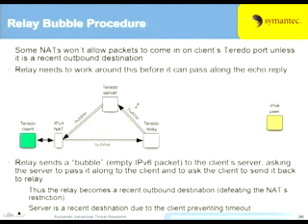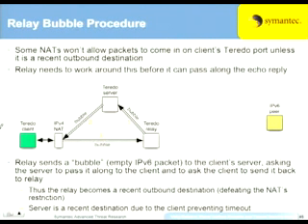And that works through what they call a bubble packet, which is just an empty IPv6 packet. The Teredo relay will address it such that it'll send it to the server, asking the server to pass it along to the client, and asking the client then to go back to the relay.